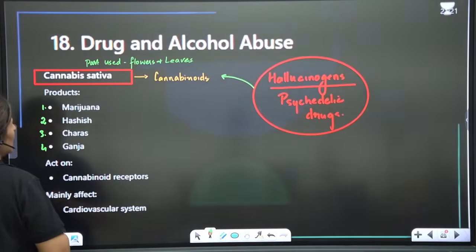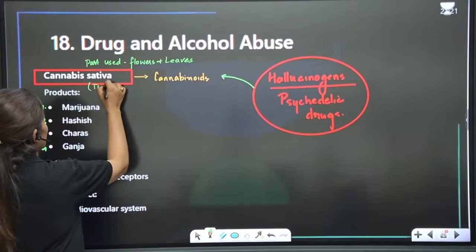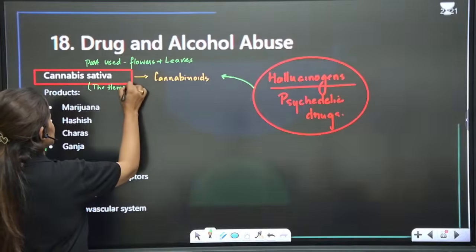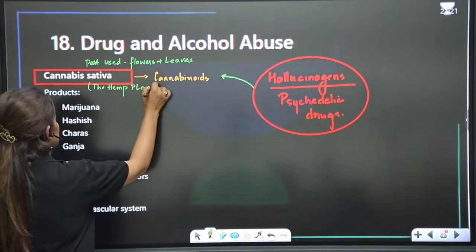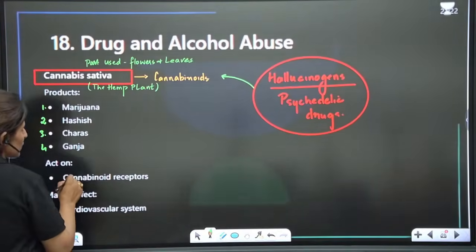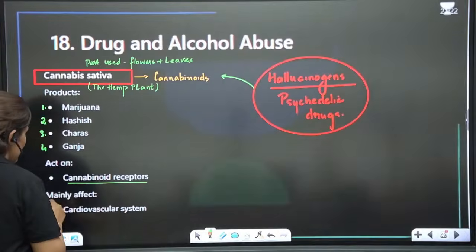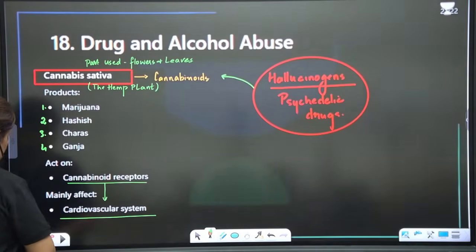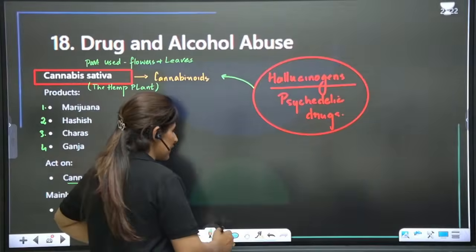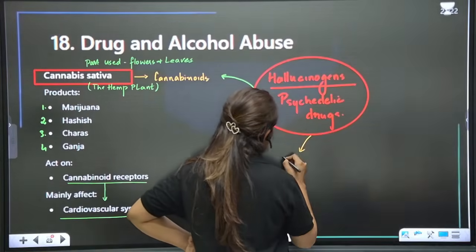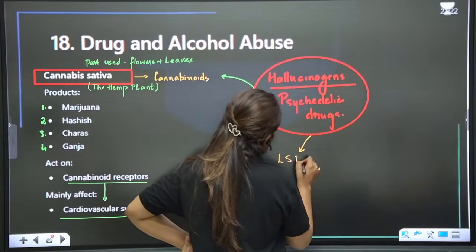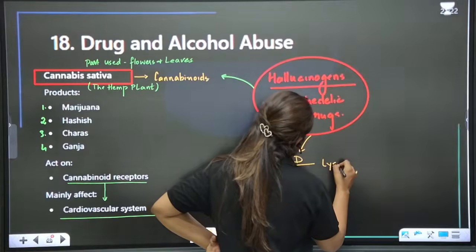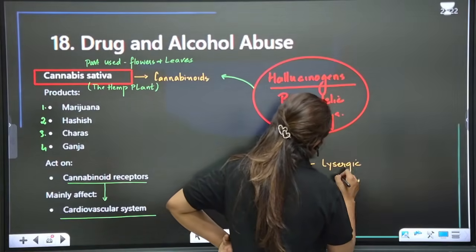Is that clear to all? We also call this the hemp plant. Now, it acts on cannabinoid receptors, and it is going to affect your cardiovascular system. Clear to all? Now, the second hallucinogen that we must know about is LSD, that is lysergic acid diethylamide.